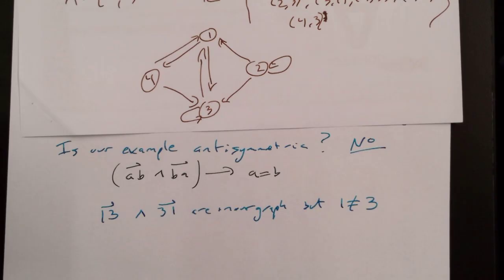Now, with that in mind, how can I write a general idea of what it means to be antisymmetric? I want to not have that happen.